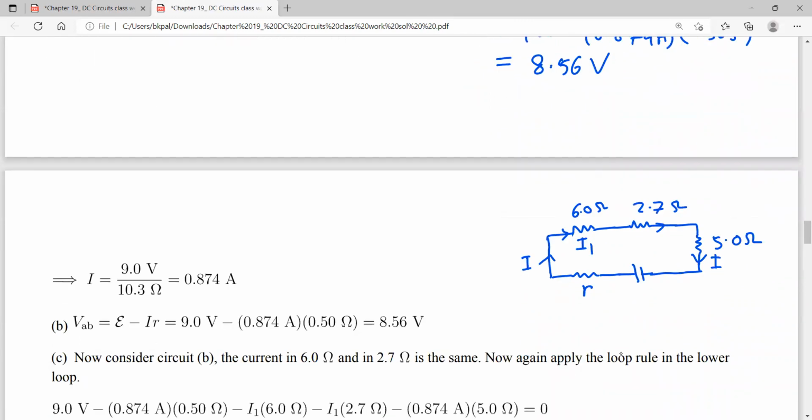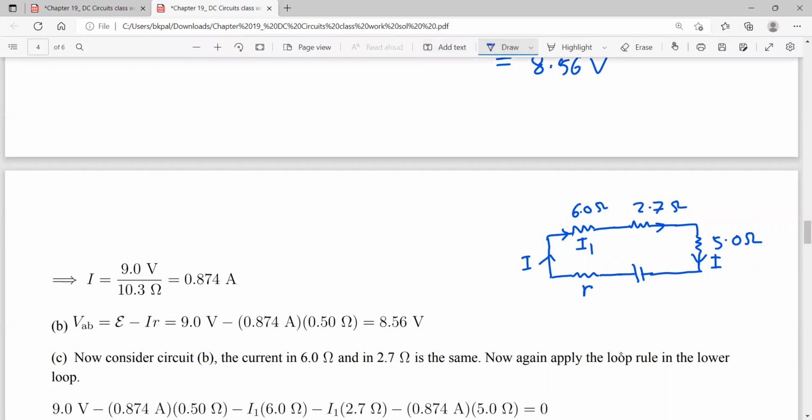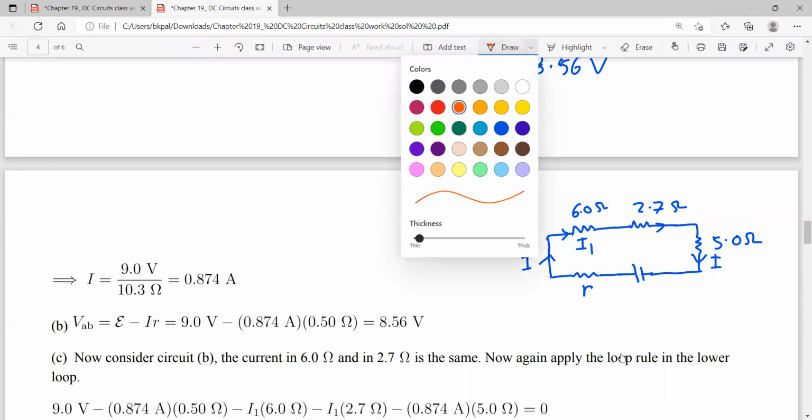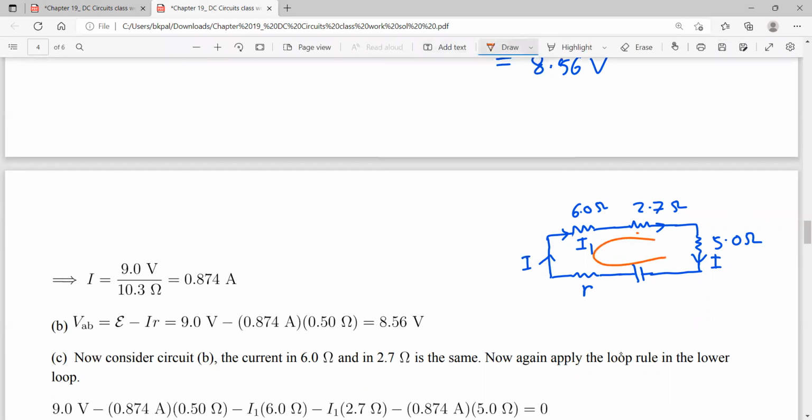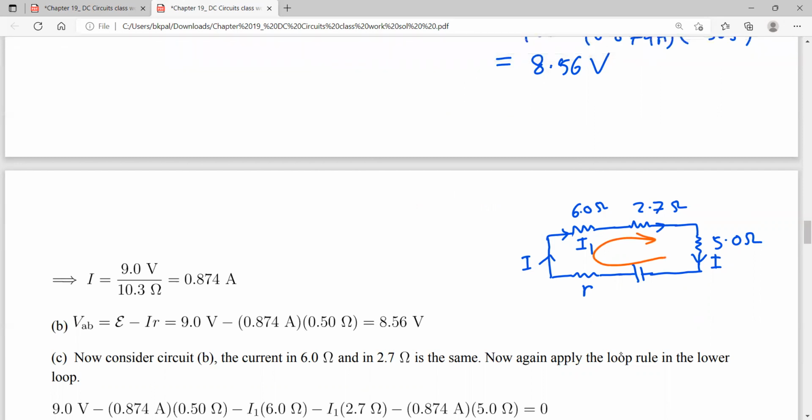Once you know that, you can just use the loop rule. You already drew the direction of current, so we just need to draw a travel path. Let's go again in this direction. Our equation will be something like this.